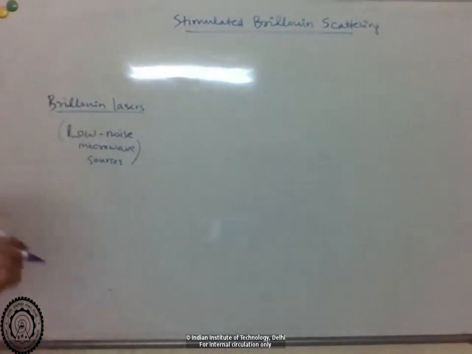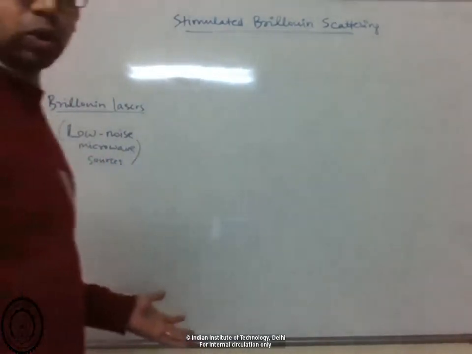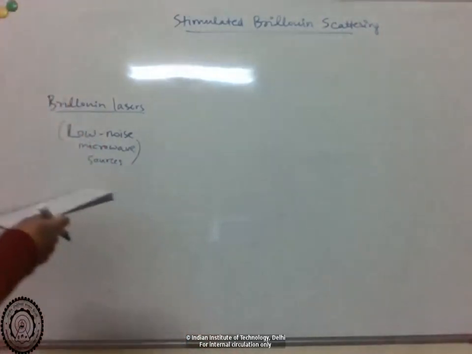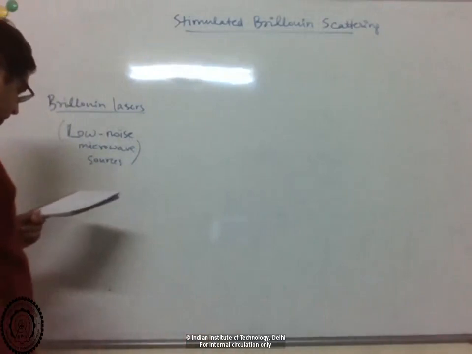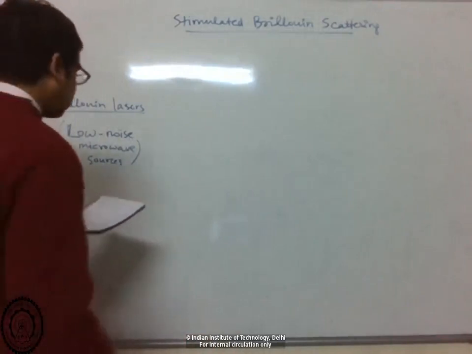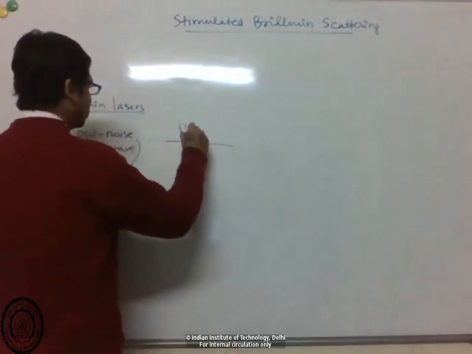But using SBS, you can start from a pump laser, and with lasers you can get very, very low noise, especially single frequency lasers. So the basic idea is to start with a pump laser.